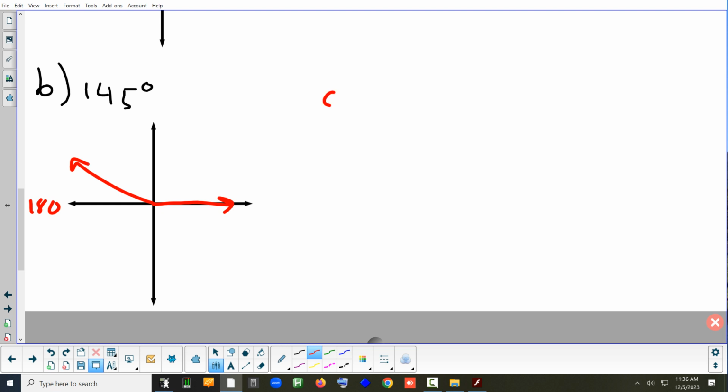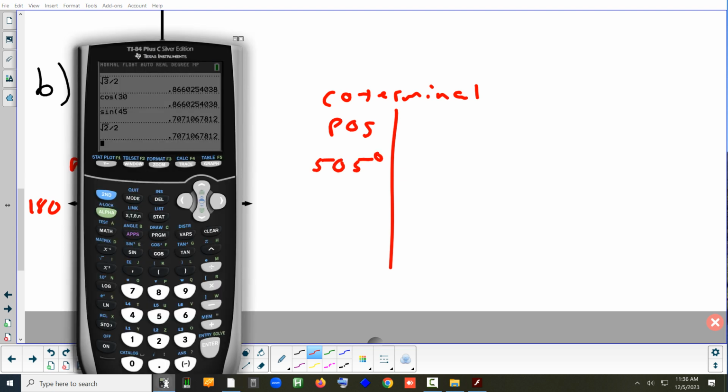And what would be an angle that's coterminal and positive to 145? Yeah? 505. Yep. If you take 360 and add 145, you'll get 505. And an angle that's coterminal and negative, just minus 360, and you get negative 215.